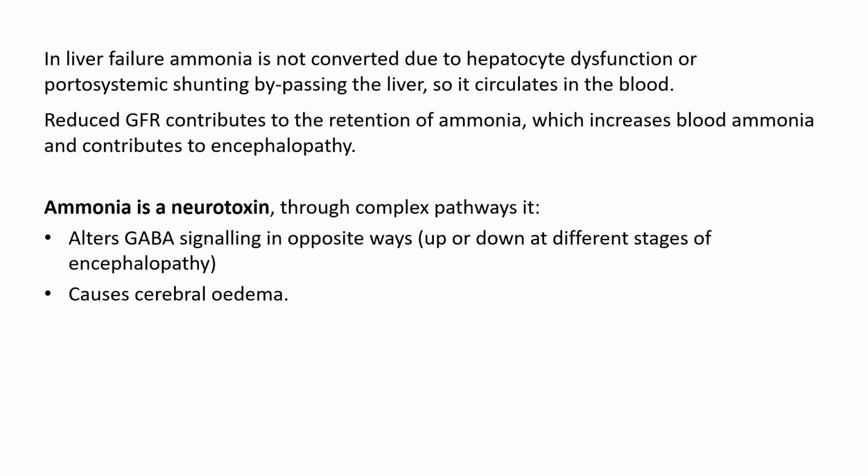Because we have a complex interaction of multiple factors, it's not straightforward to say it puts it up or it puts it down. It does different things at different times. But we are going to get variation that we don't need in the levels of GABA signaling. Ammonia also causes cerebral edema through the process of creating an osmotic gradient.